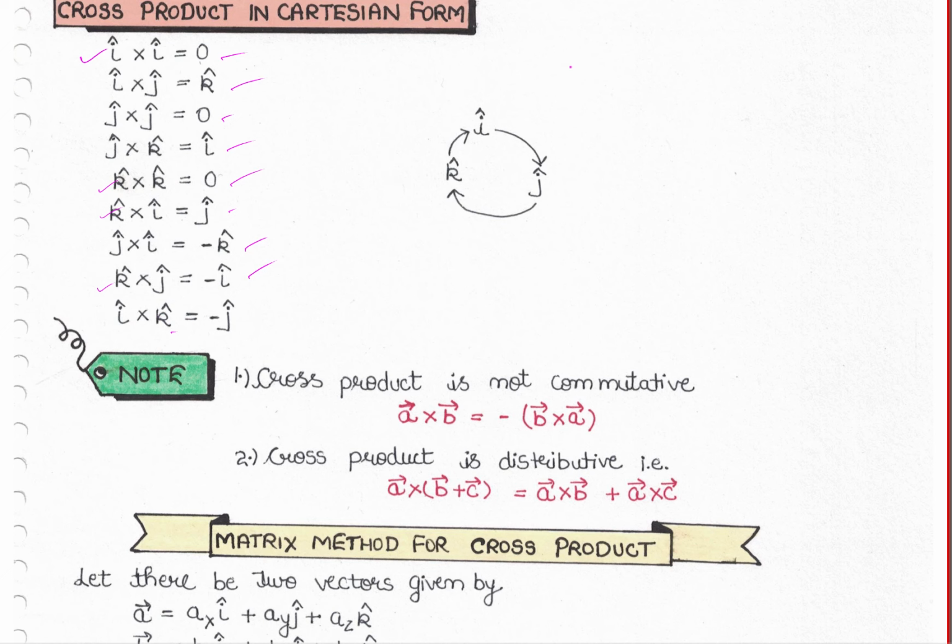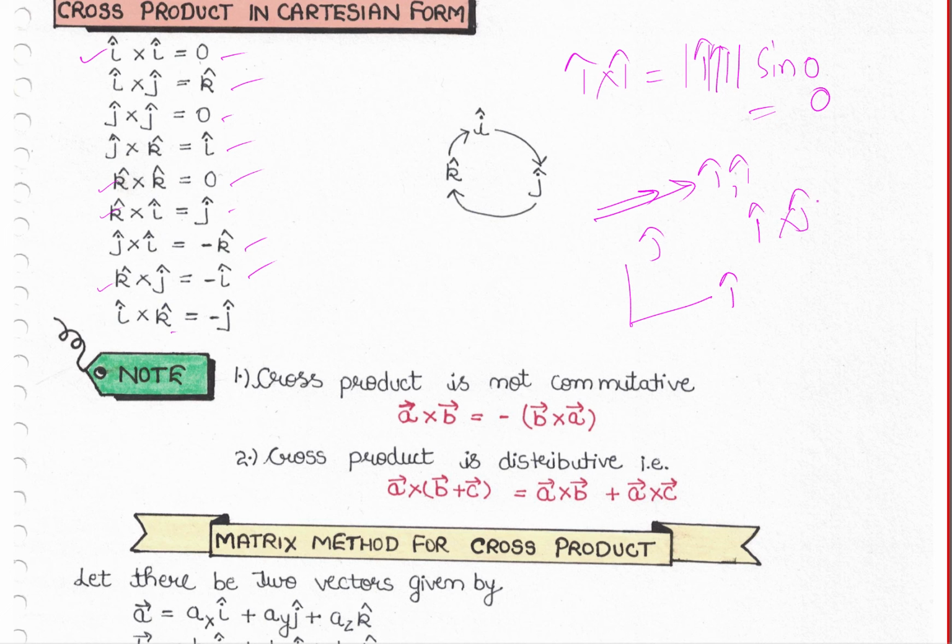So why is i cross i equal to 0? So we can write like this: i magnitude sine. What is the angle between these two i vectors? It is 0. So sine 0 value is 0. And why i cross j is equal to k cap? So we can write i cap cross j cap like this: i j.